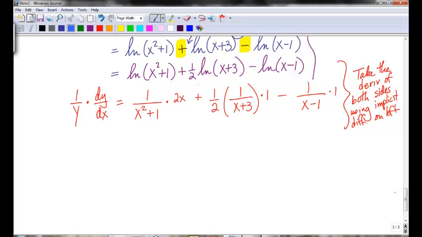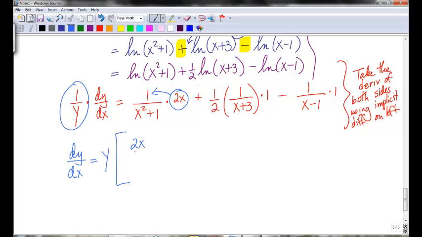Okay, now I'm trying to solve for dy over dx, so I've got to get rid of that. Multiply by y on both sides. So derivative of y with respect to x, and we can simplify. So I'm just going to have a y in front on this side. Now I can simplify this. This 2x can go up here on top.